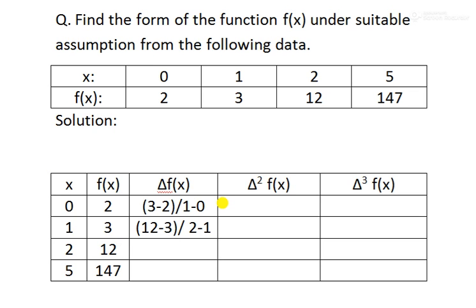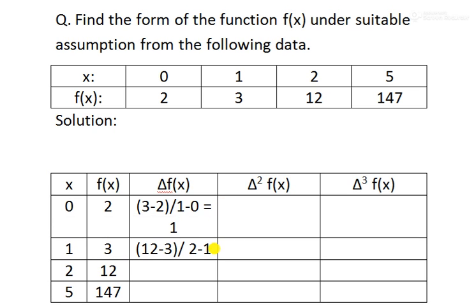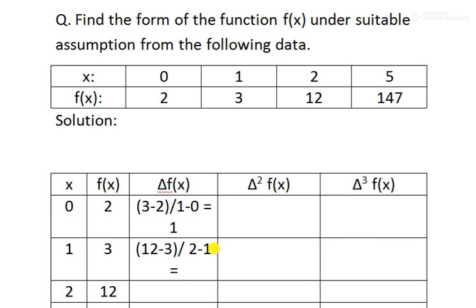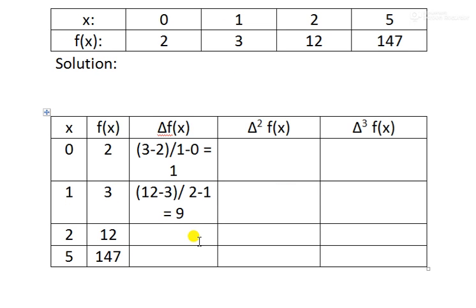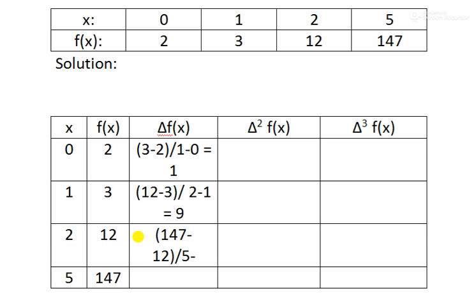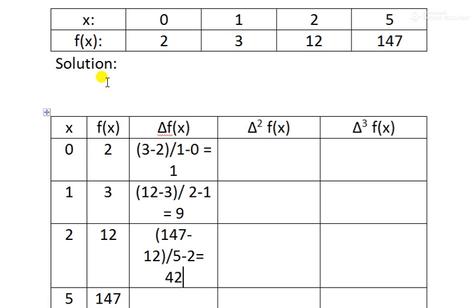So here we get the answer 1, here 9, and here 147 minus 12 divided by 5 minus 2 equals 42, and this we call the divided difference table.